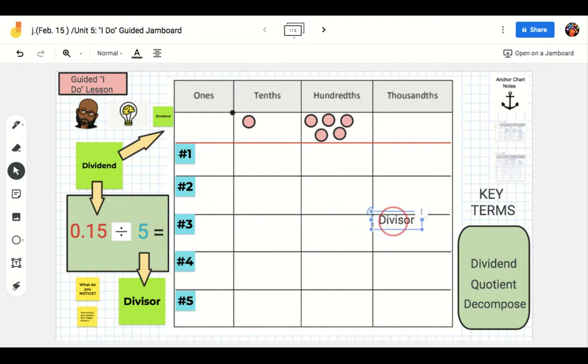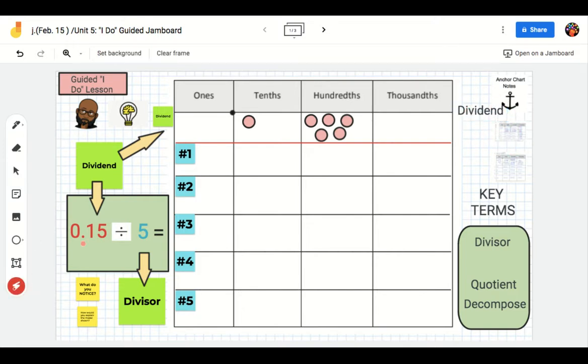The next important word for division, and I think besides quotient, this word is the most important. This is the dividend.